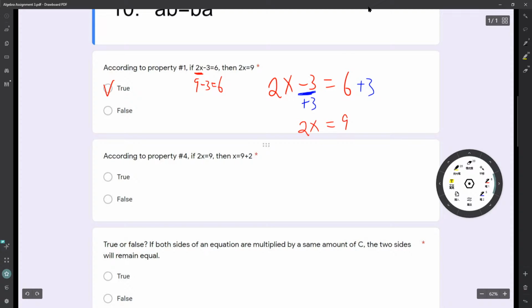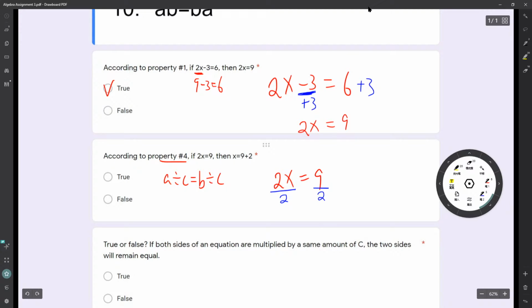Say we have 2x equals 9. To solve this, we want to divide by the multiple of x. So what do we divide by? We will divide by 2.